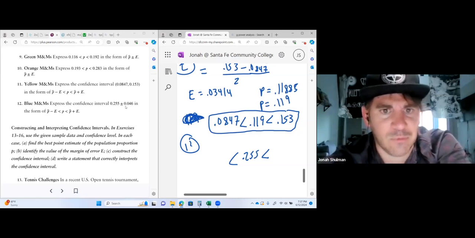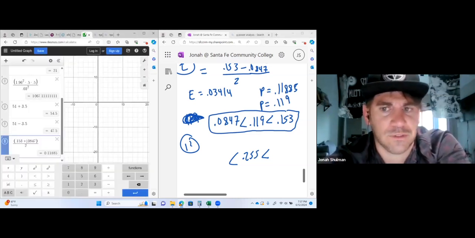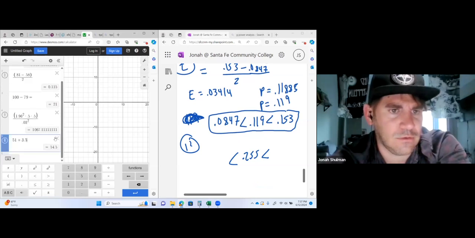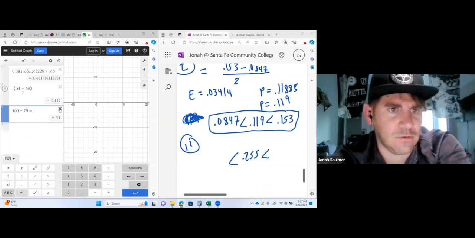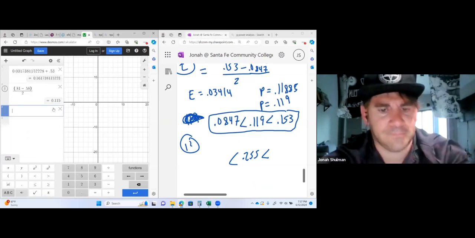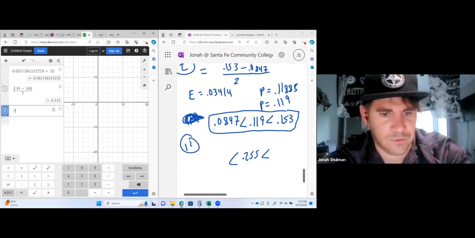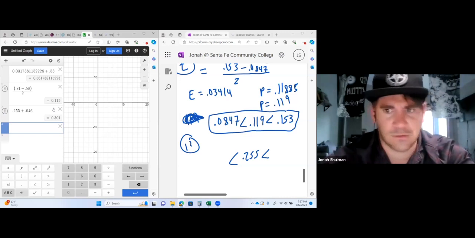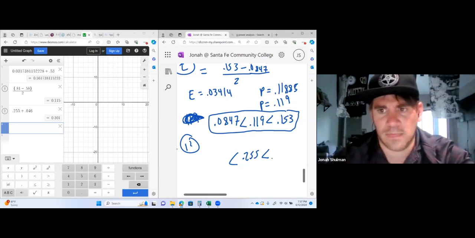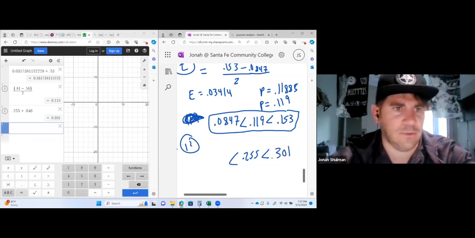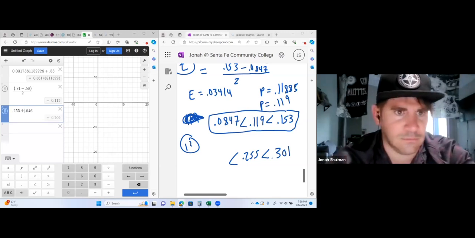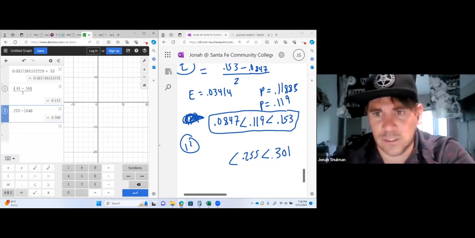All I have to do is add 0.046 and minus 0.046. 0.255 plus 0.046. And then we have to do the same thing, but we're going to subtract it. 0.209. Ta-da! Cool.